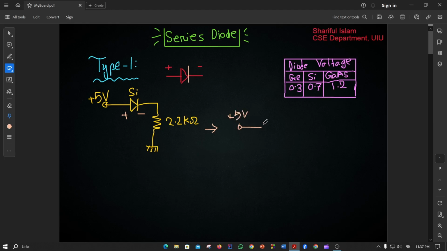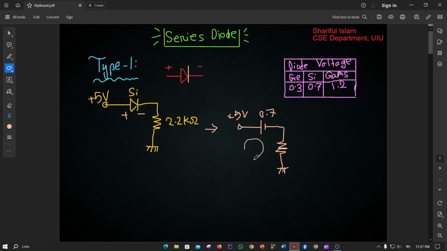So I will draw the alternative circuit of this diagram. If the voltage can pass through the diode, the circuit will be like this. This is a silicon diode, whose voltage is 0.7.